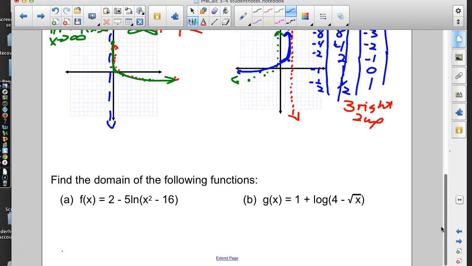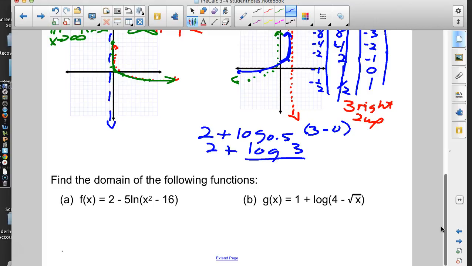Well, let's put a 0 in. Show all the steps here. So we will have 2 plus, using the change of base formula, logarithm of 3 over logarithm of 1/2, or 0.5. And then we'll add 2.